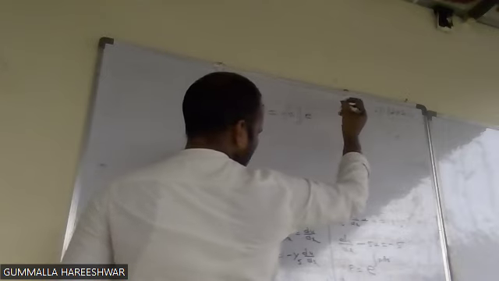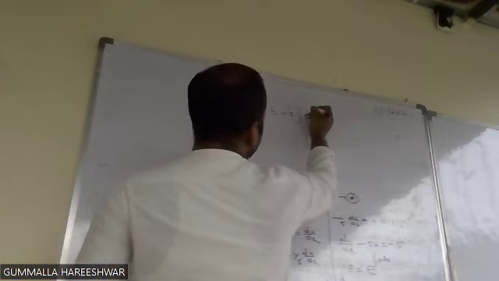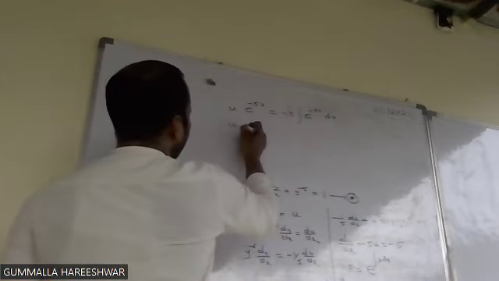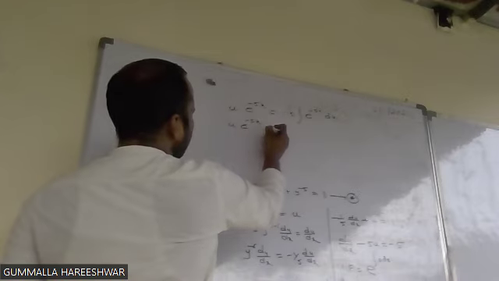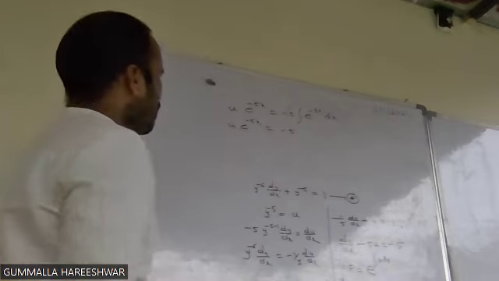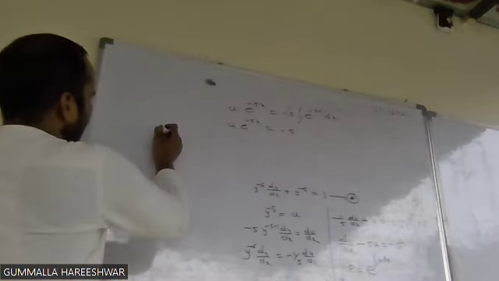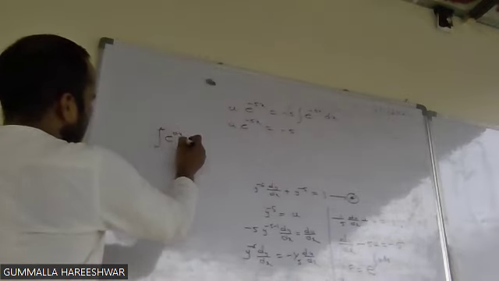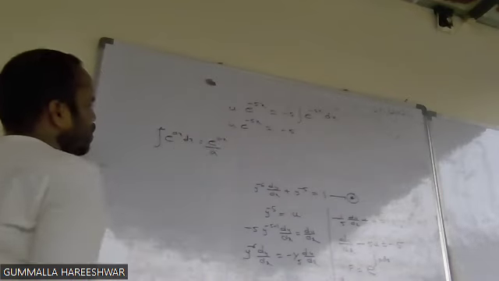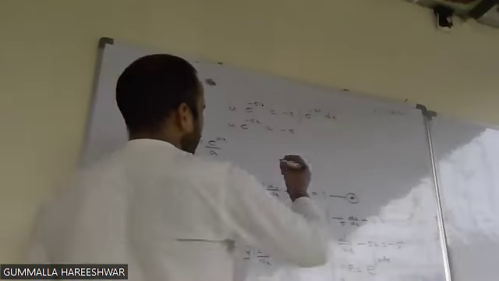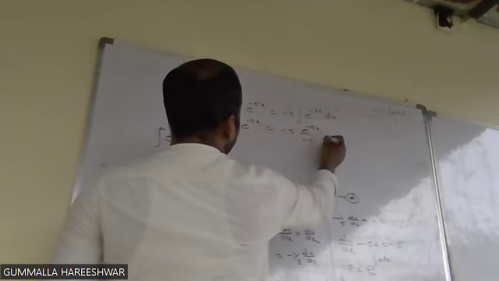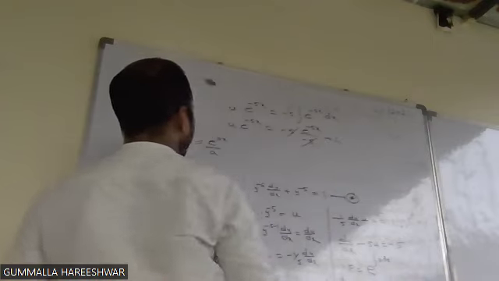So u into e power minus 5x equals integral of minus 5 e power minus 5x dx. The integration of e power ax dx is e power ax by a, so e power minus 5x by minus 5. Minus 5 and minus 5 cancel.